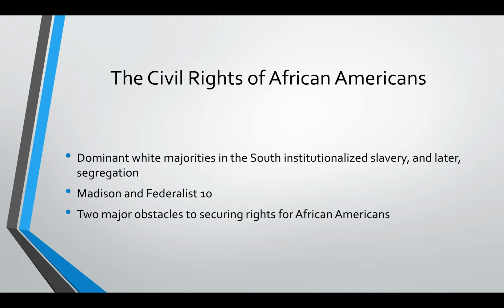The U.S. has a dark history of violating the civil rights of African Americans. Dominant white majorities in the South institutionalized slavery and later institutionalized segregation. In Federalist Number 10, Madison argued that a diverse national community would be less inclined than state level majorities to engage in tyranny and would be more likely to halt it.